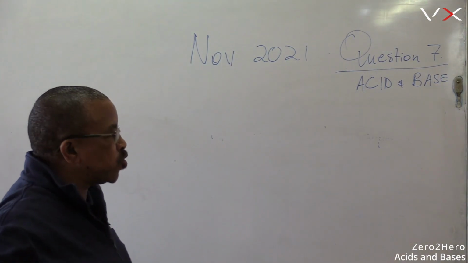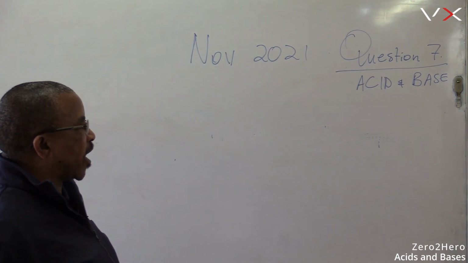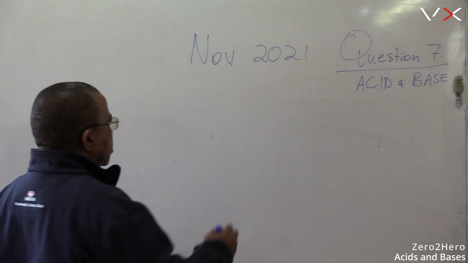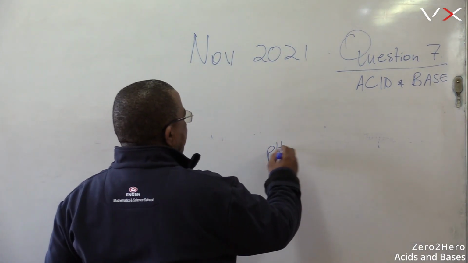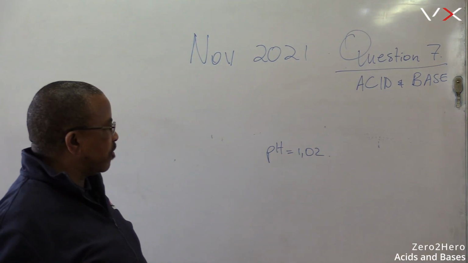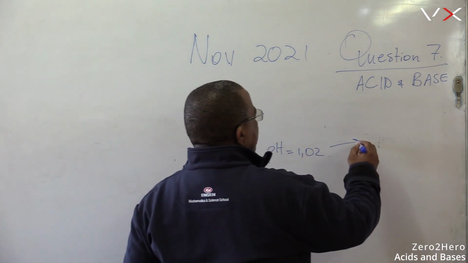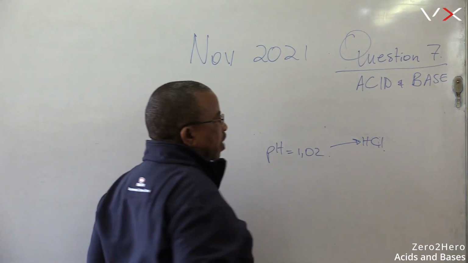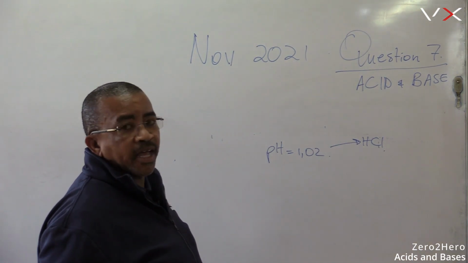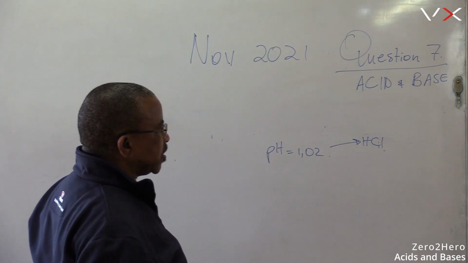H2SO4. 7.2. The pH of hydrochloric acid is 1,02. So the pH is 1,02. That is the pH of HCl. Calculate the concentration of the HCl solution.